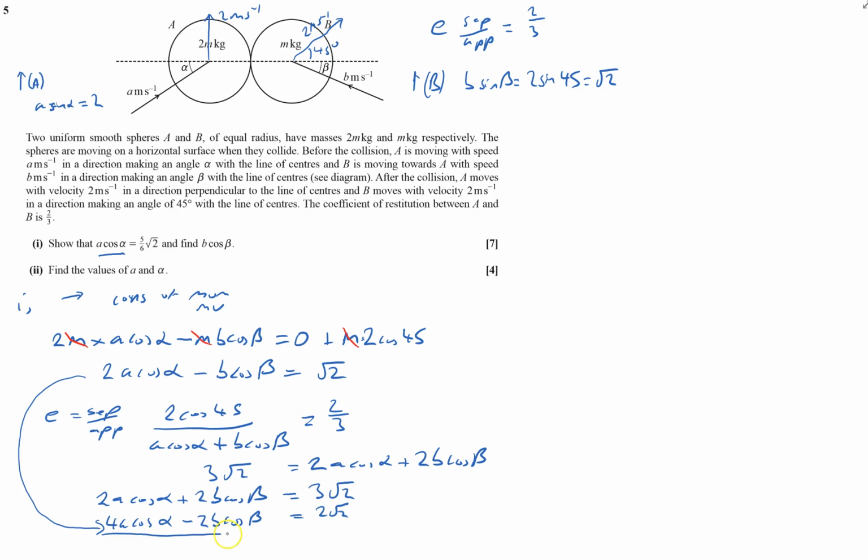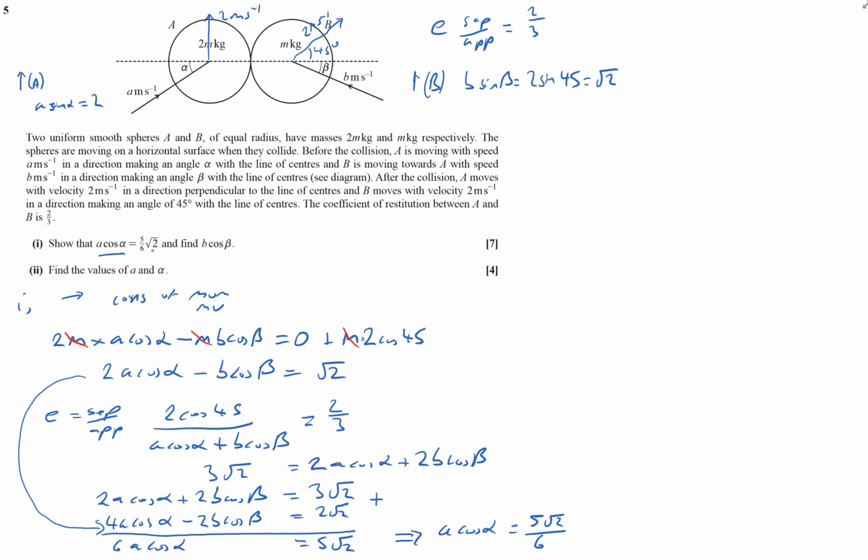And now I'm going to get rid of the B cos betas, so I'm going to add them, and that will give me 6A cos alpha equals 5 root 2. Therefore, A cos alpha equals 5 root 2 over 6, which is what it wants to be.